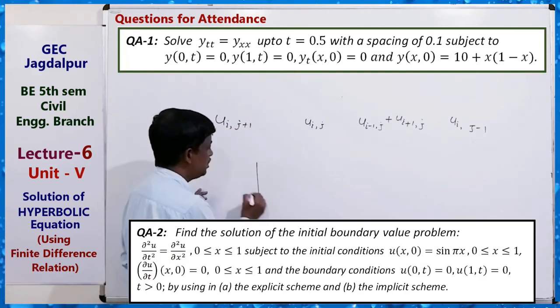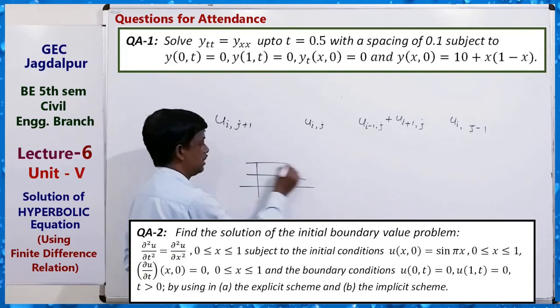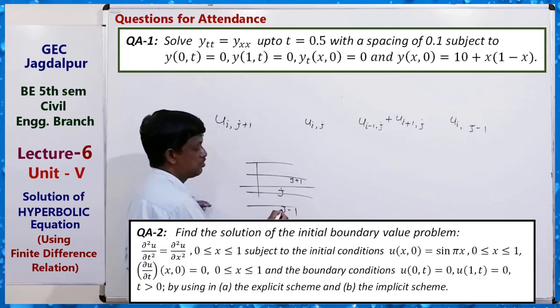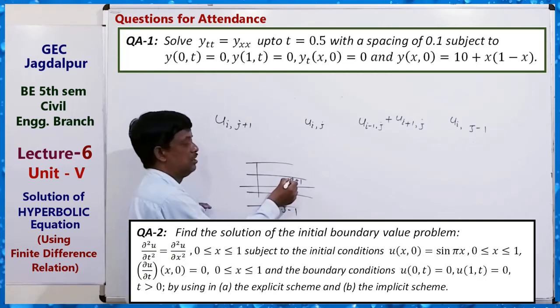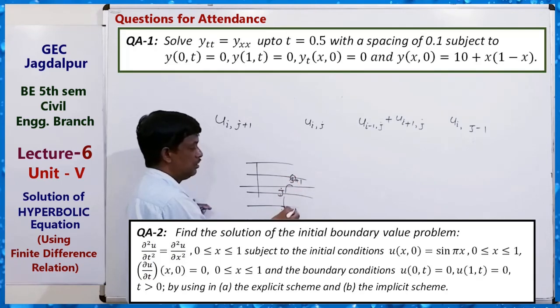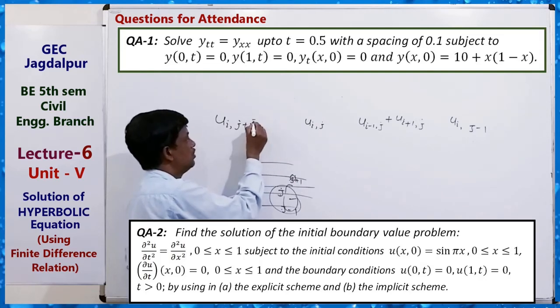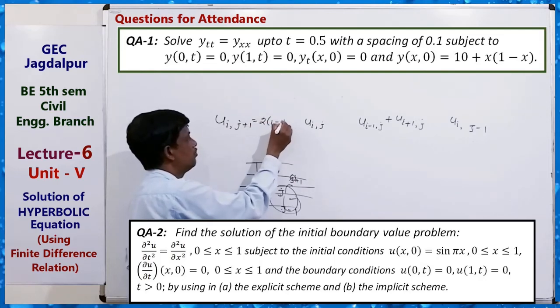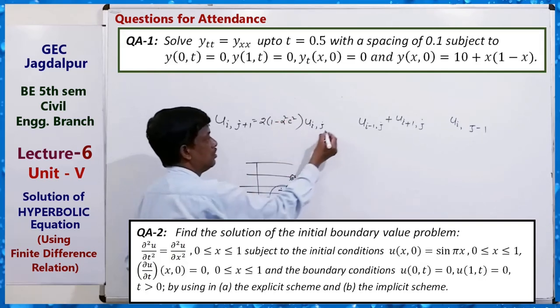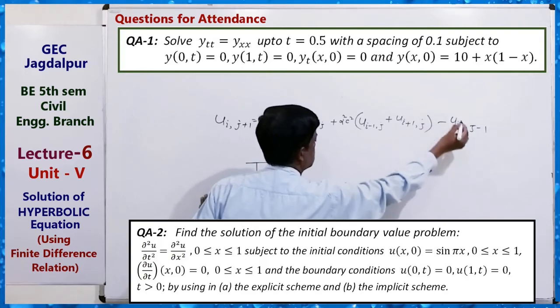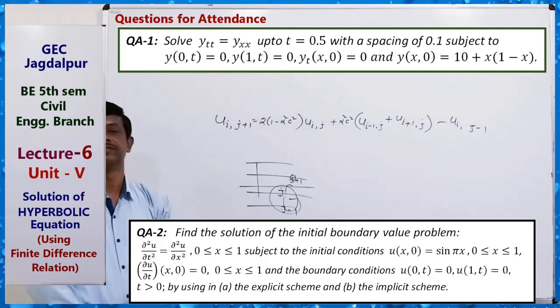There are three levels: j minus 1, j level, j plus 1 level. These two levels are known values and these are unknown values, so the unknown value is on the left hand side. Here 2 times (1 minus alpha square c square), or here plus alpha square c square, this minus this. This is our formula. Clear?